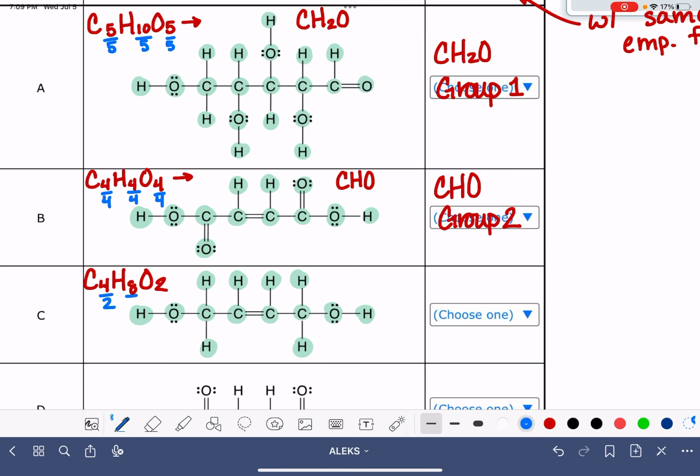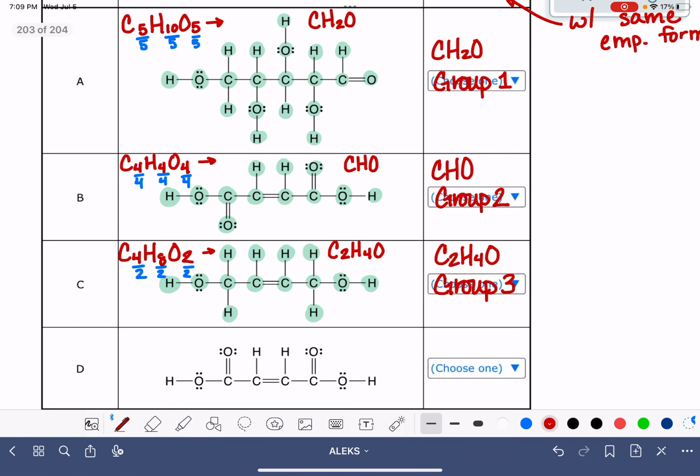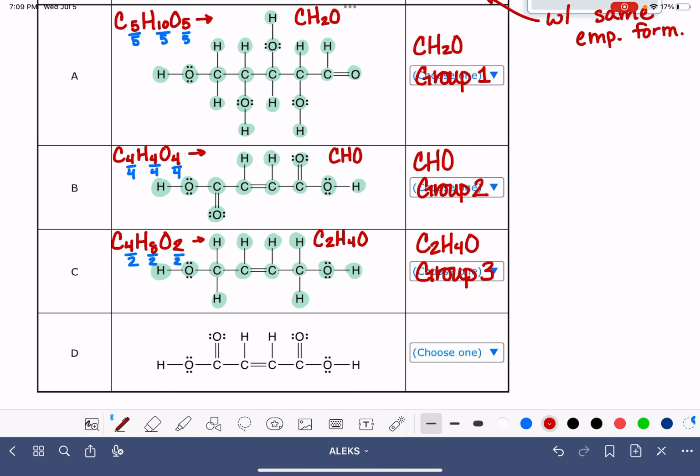Yes, we could divide all of these subscripts by 2, and that would give us an empirical formula of C2H4O. C2H4O, not the same as CHO, not the same as CH2O. So here we have a third. This is going to be group 3. This problem is not very exciting. Let's take a look at our last one.